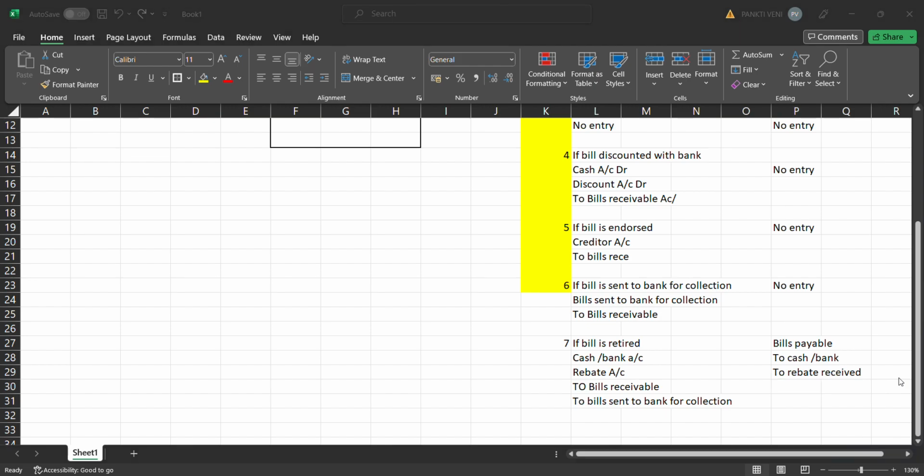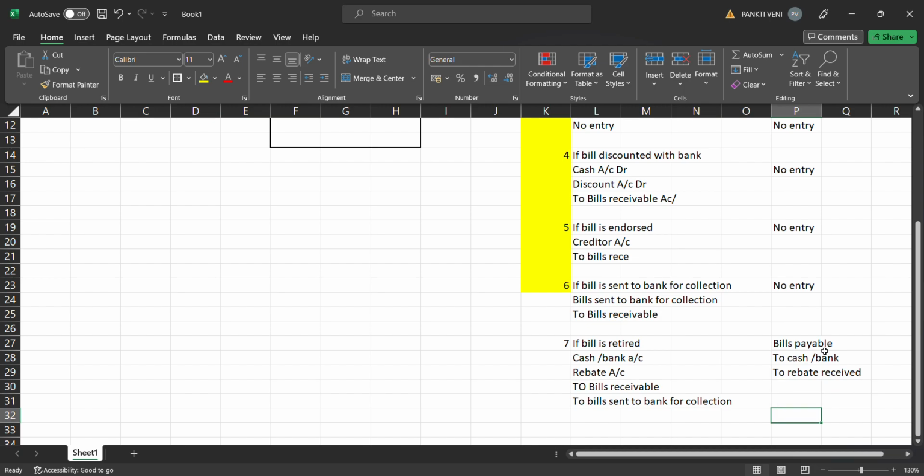This is related to bills payable. He's making payment, no? Credit what goes out. From creditor, it is going out to cash or bank. To rebate received, he is getting income, he is getting discount received. Then we'll take one more.